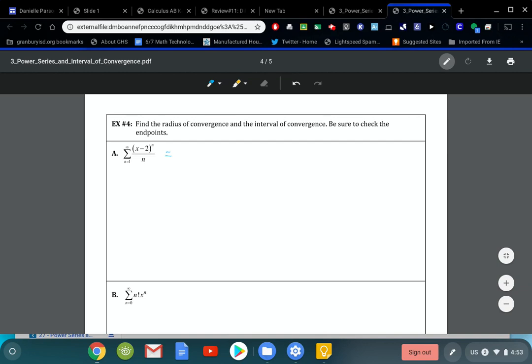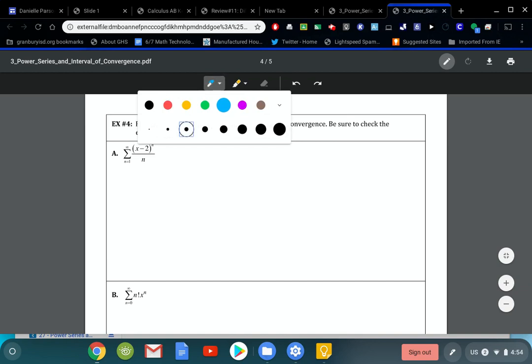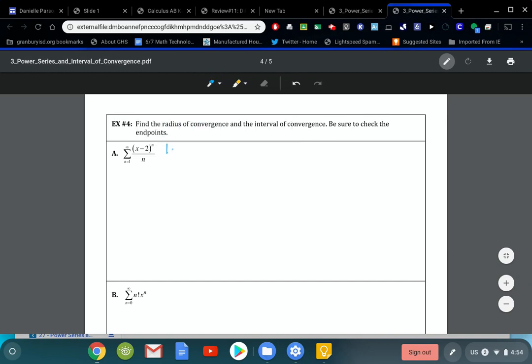So this is what we're going to do. The ratio test says that you're going to have the limit. The ratio test works like this: you're basically going to add 1 to the n.